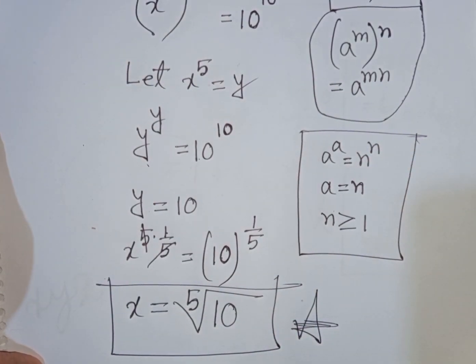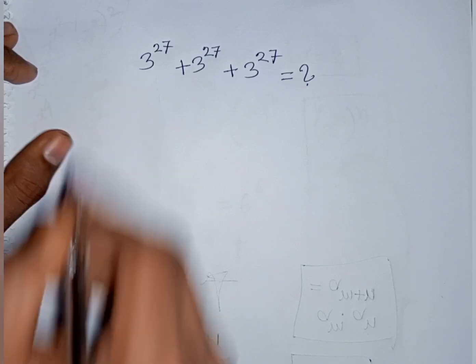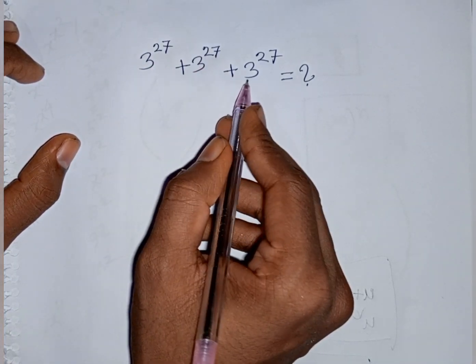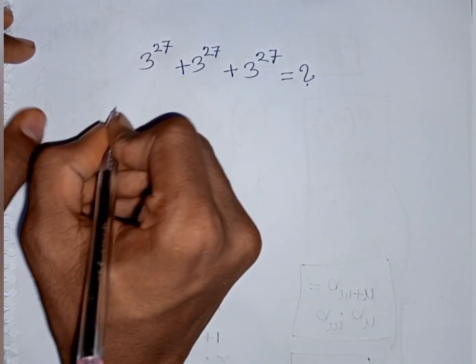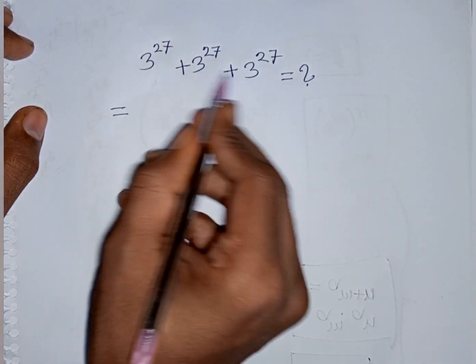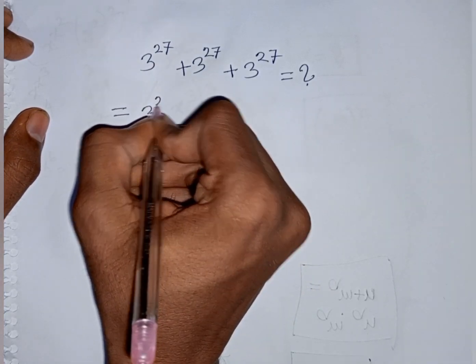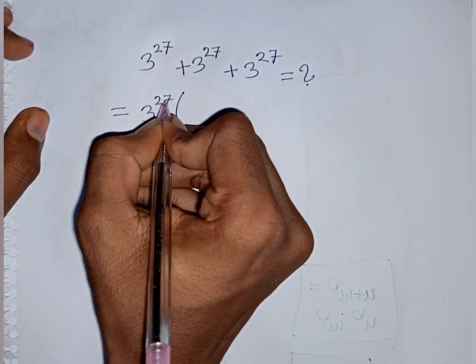After that, how to simplify 3 power of 27 plus 3 power of 27 plus 3 power of 27 is equal to what? So at first we take common 3 power of 27. So 3 power of 27 is out of the bracket.